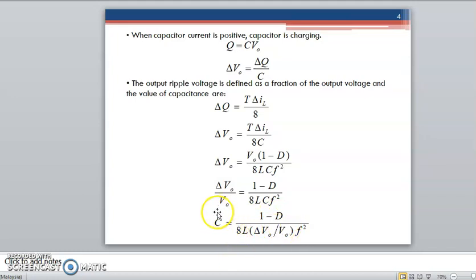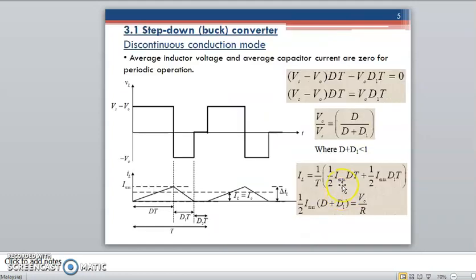So we can determine how big the capacitor we should put in to get a certain voltage ripple. The parameters involved are frequency, duty cycle, and the C value. We can take a look at the example later.